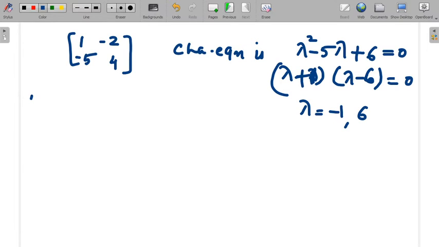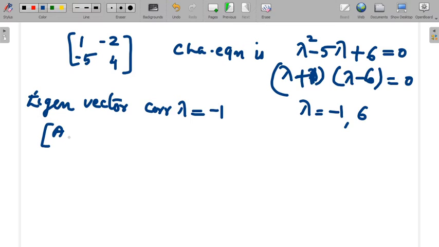Now if you want to find the eigenvector corresponding to lambda equal to minus 1, we solve the system A minus (minus 1) into I into x equal to 0.